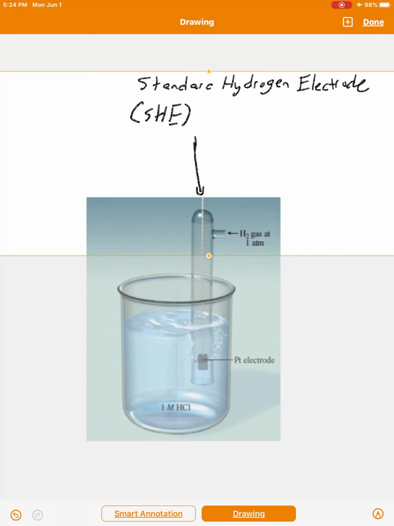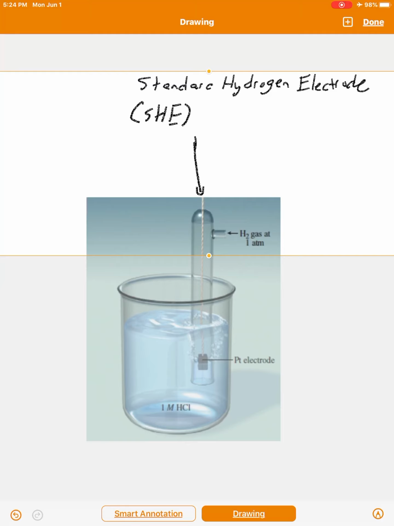That platinum wire is there for electrical conductivity, and when we measure the voltage of this cell, we're going to connect it to that platinum wire. Platinum wire is used because it is, for the most part, electrically inert, meaning it does not undergo any redox chemistry. So it will conduct electrons, which is essential for measuring the electricity, but it doesn't itself get involved in any chemistry.